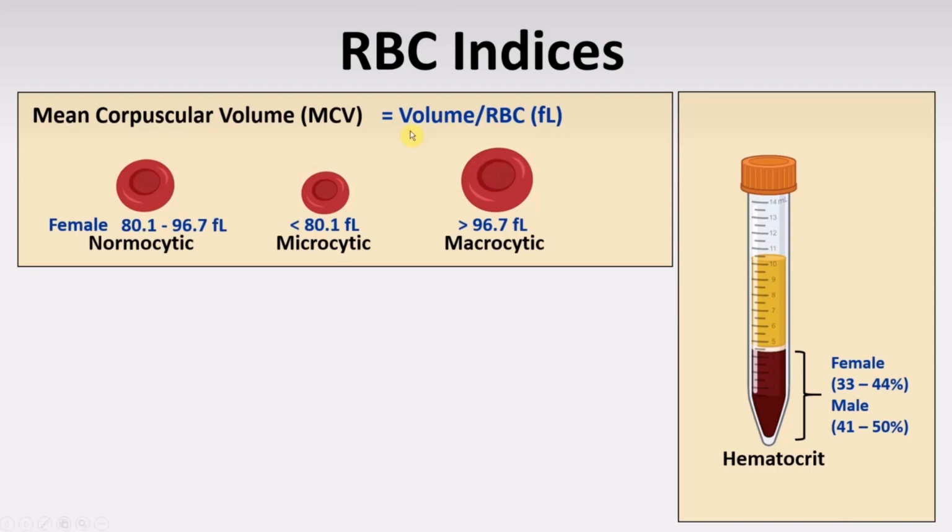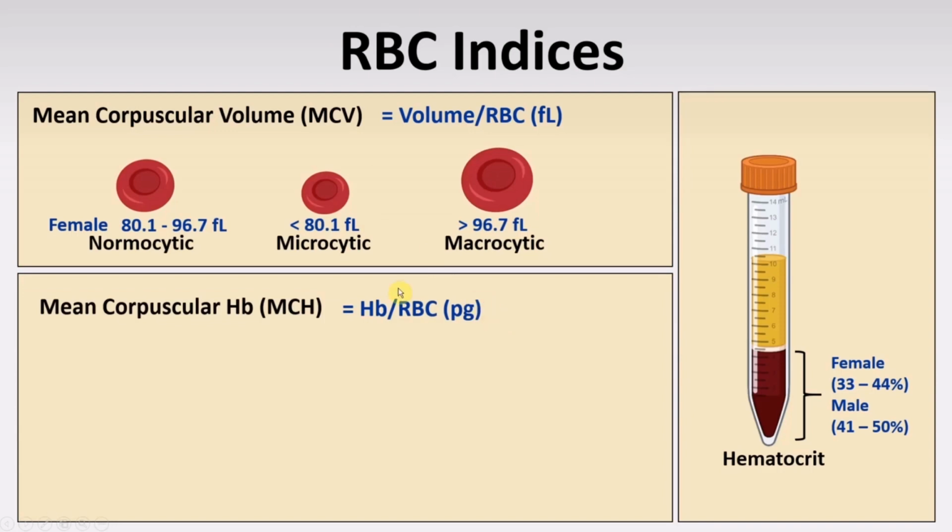Other than the volume of the red blood cells, we can also look at the amount of hemoglobin inside each red blood cell as well. In other words, the absolute weight of the hemoglobin per red blood cell, and that is reflected by your MCH, mean corpuscular hemoglobin. Now, MCH sometimes may not be of great value because what we are more interested in is actually the concentration of the hemoglobin inside the red blood cells, right?